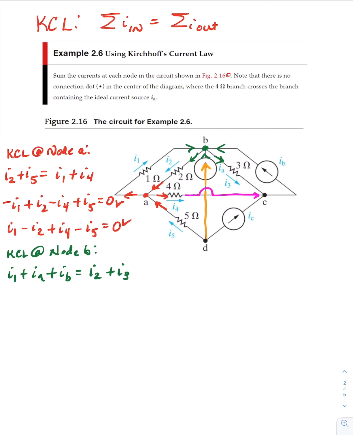So I sub 1 minus I sub 2 minus I sub 3 plus I sub A plus I sub B is equal to 0.